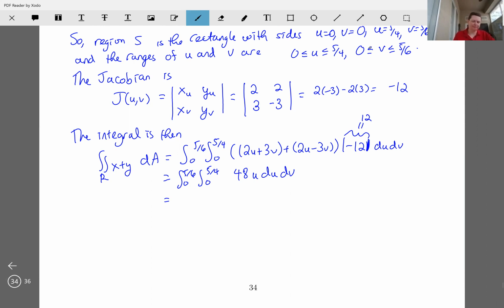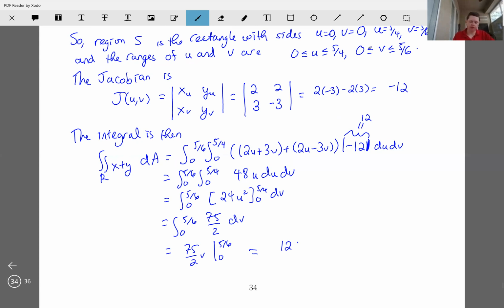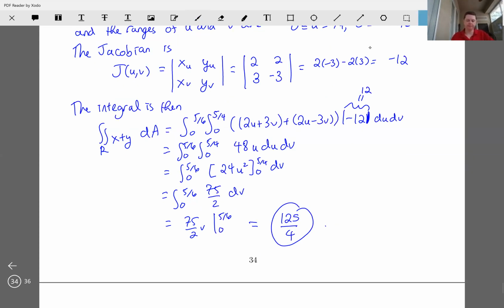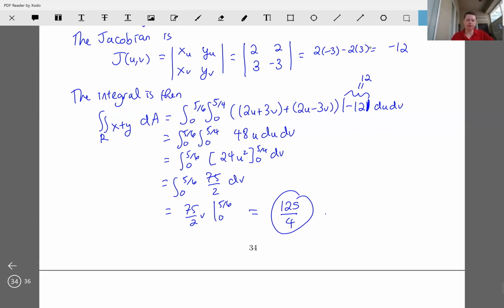So I'm going to get the integral from 0 to 5/6 of 24u squared evaluated at its limits, so 0 to 5/6 of 75/2 dv, which gives me 75/2 v evaluated at its limits, which, when you plug in everything, gives 125/4. So that's one example.